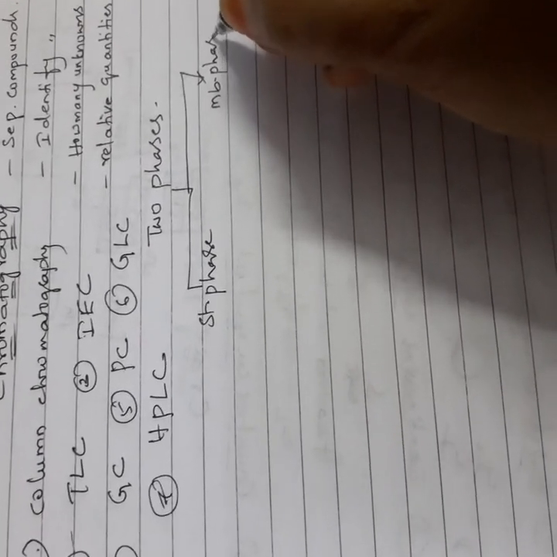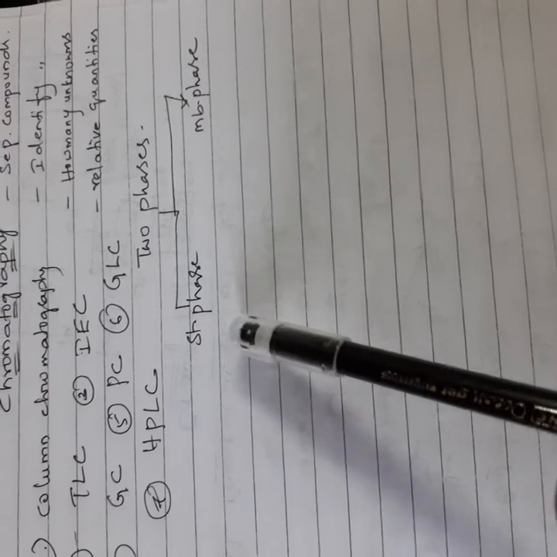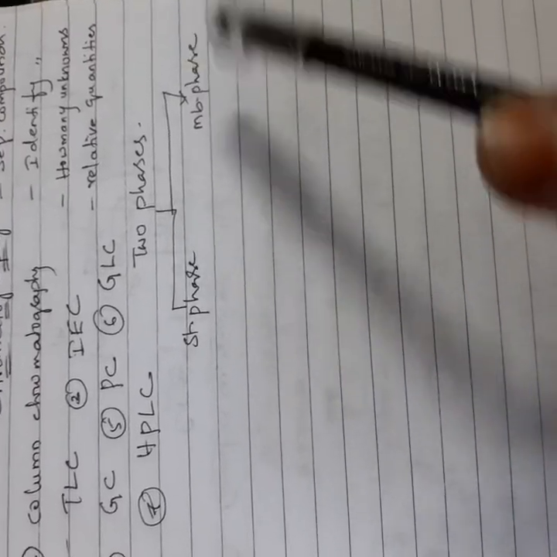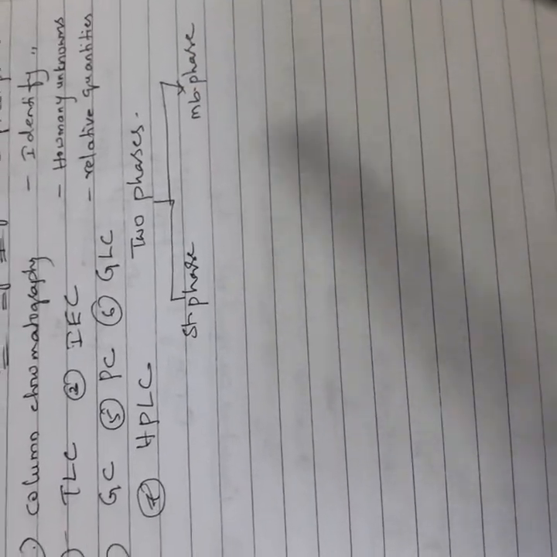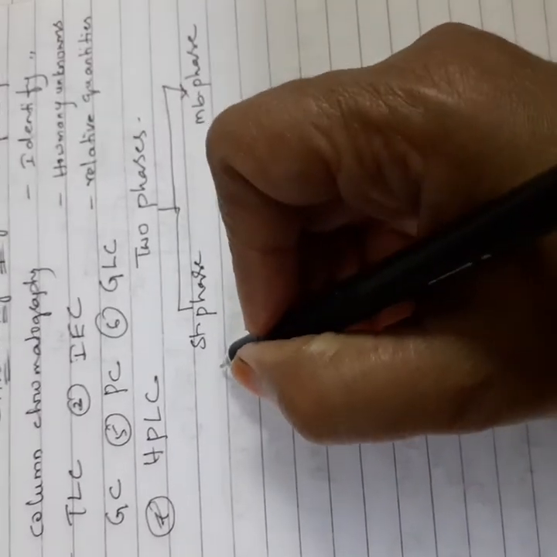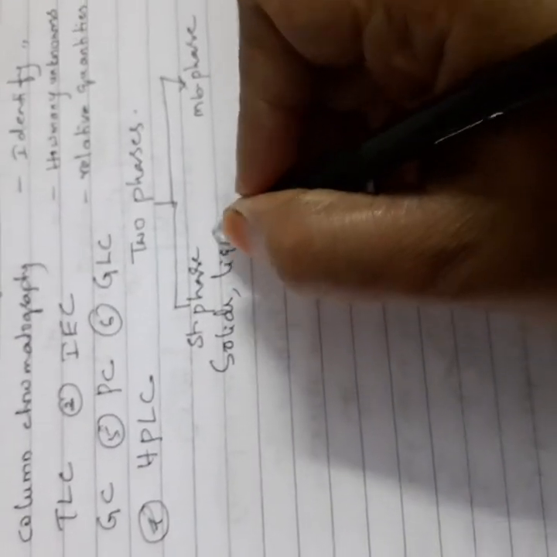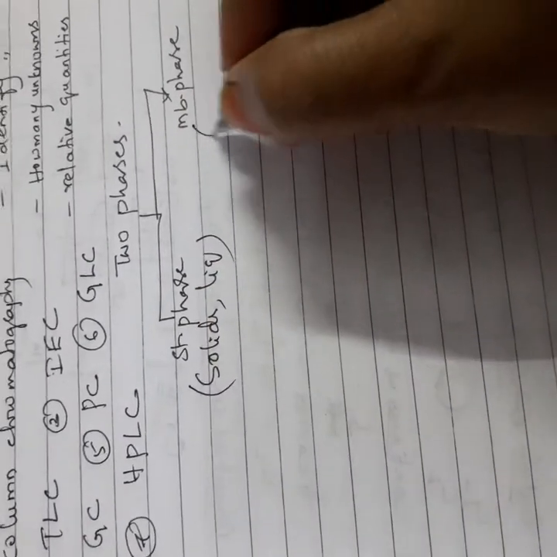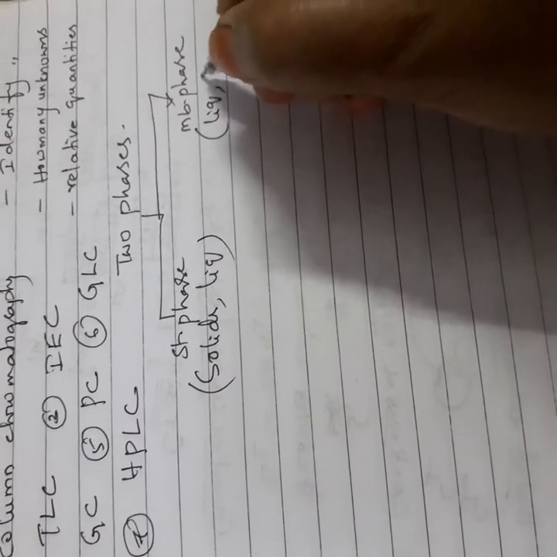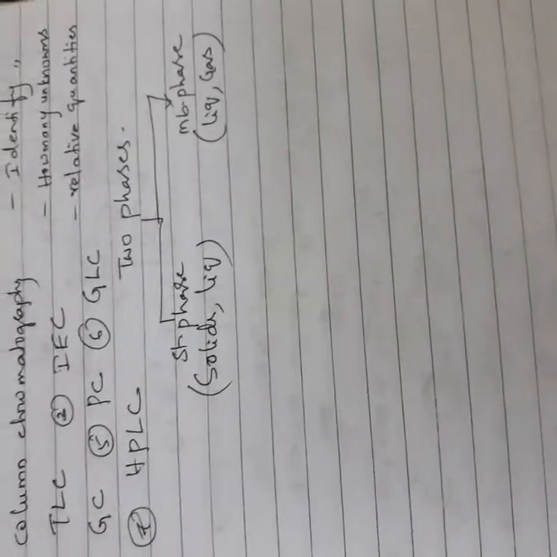As the name tells us, stationary phase means which can't move, mobile phase means which is continuously in a moving position. Stationary phases may be solids or liquids, but mobile phases are liquids or gases.